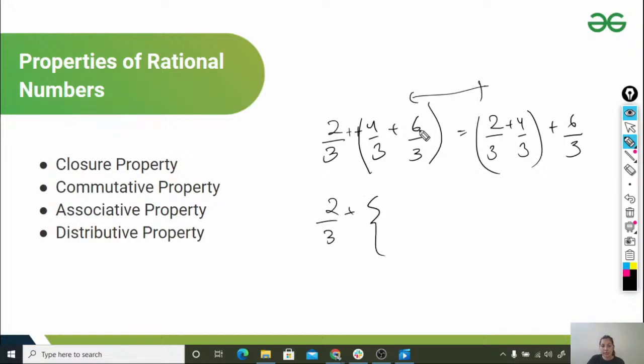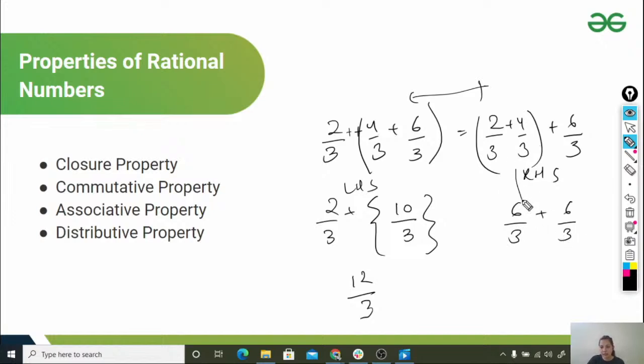Now let's add this. This is 10 by 3 and let's do this, 12 by 3. This is LHS. Now let's check on the right hand side. So it's like 6 by 3 plus 6 by 3. It would be 12 by 3. Are they equal? Yes. That means the associative property is followed in rational numbers and addition.